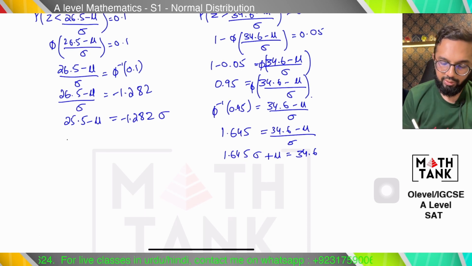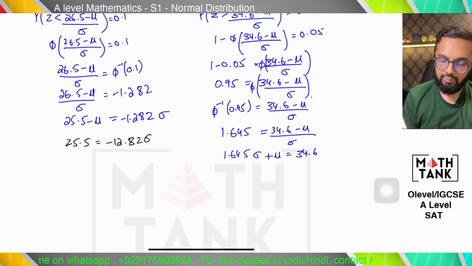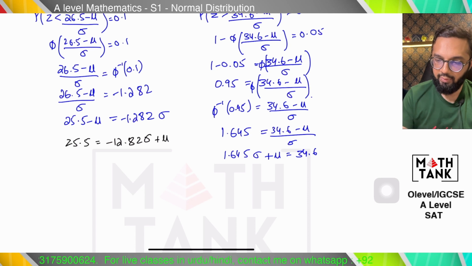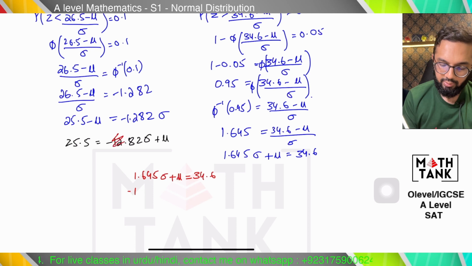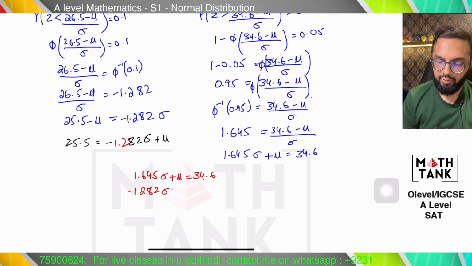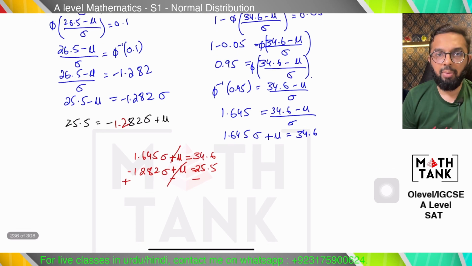Okay, I'm also going to convert this into the simultaneous equations that I have there. So I have a pair of simultaneous equations now. I have 1.645 sigma plus mu equals 34.6 and minus 1.282 sigma plus mu equals 25.5. I change the signs and I eliminate.